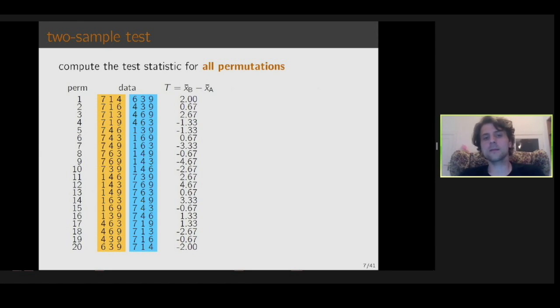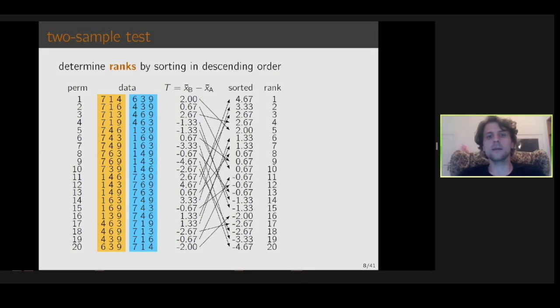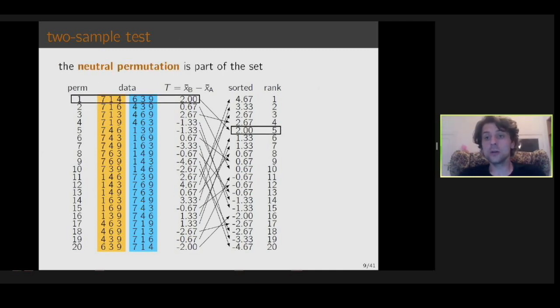So test statistics are calculated from all sets of permuted data, and test statistics are being sorted in descending order, which provides us a way of attaching ranks to those test statistics. The original dataset, also referred to as the neutral permutation because it's being left unchanged, is of course part of the set and also has a rank.